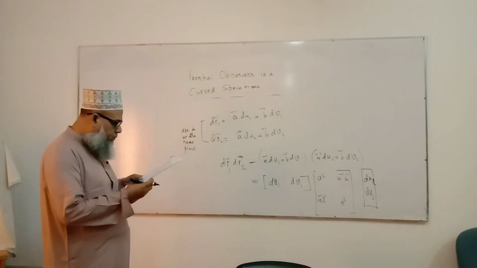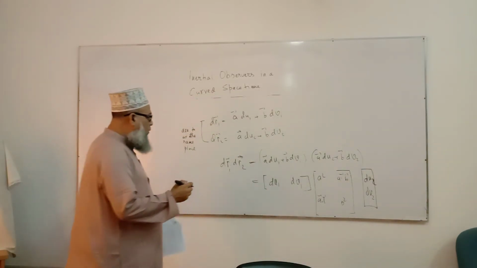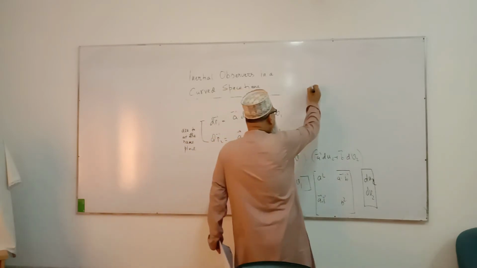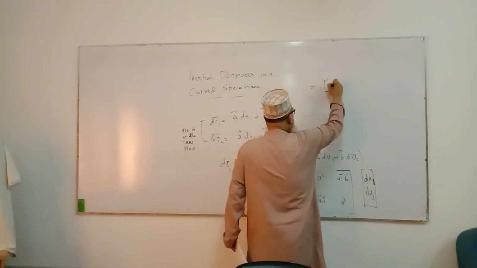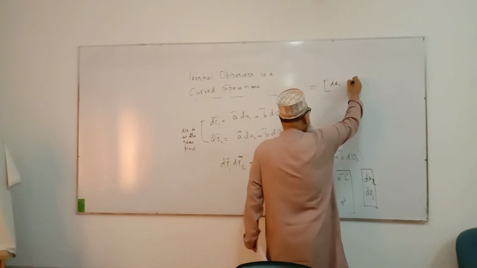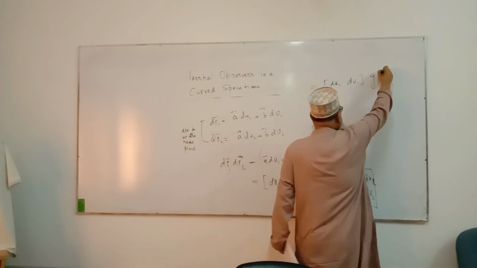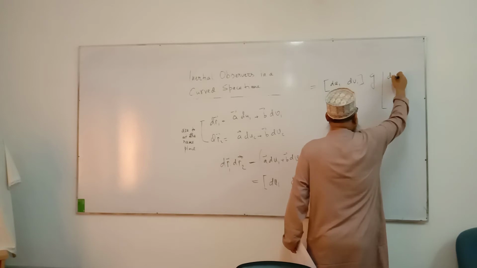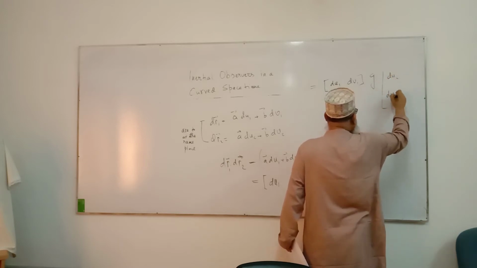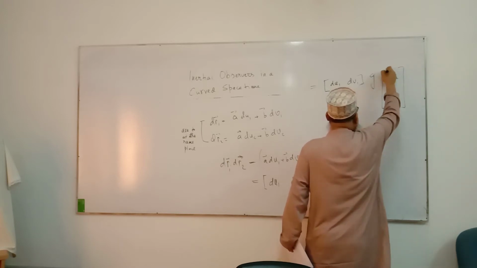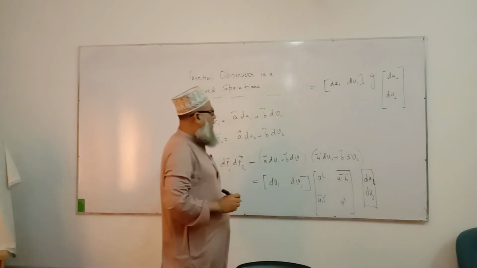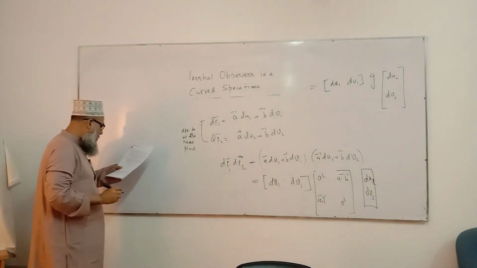So we write this in this way: du1, dv1, G, du2, dv2. What is G?